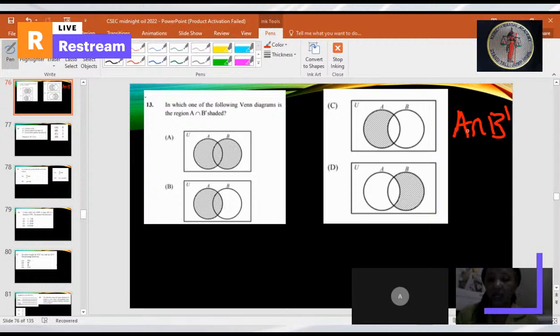We mean what's in A but not where it overlaps with B. So in other words, A only. So which one would show A only? C? Correct. So if you notice, C is the part of A, but not this part of A that intersects with B. Just A only.